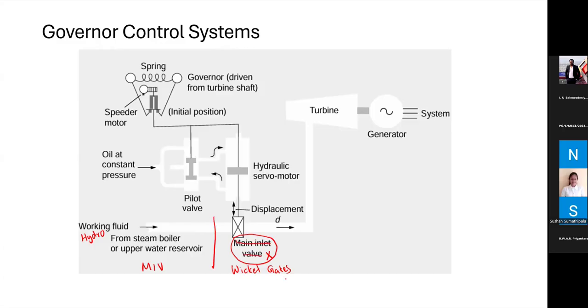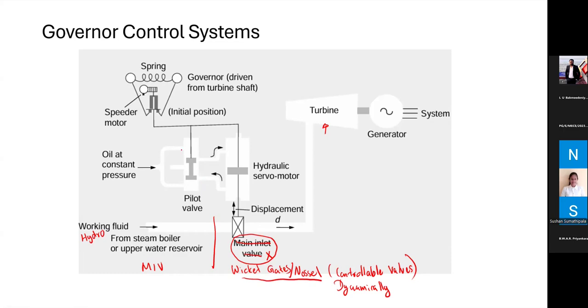And the nozzle for our hydro scheme. These wicket gates and the nozzle, as I explained, are controllable valves which can operate dynamically. What happens in the governor, in the control aspect of this working fluid towards the turbine, is that through the governor system, we control the operation of these wicket gates or the nozzle.